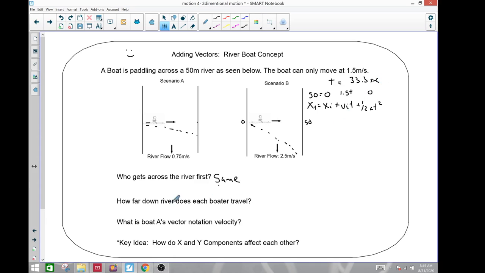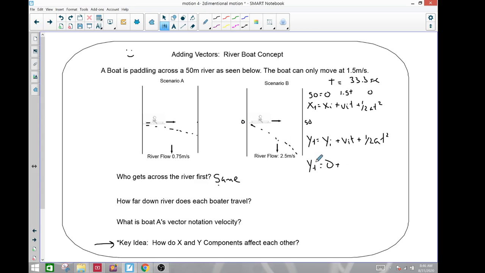All right, how far down the river do we go? Again, these two components are completely separate. So once again, I'm going to use y(t) equals y initial, or y0, plus v initial t plus 1/2 a t squared. The distance down is really what I'm looking at. I want to find y(t), with 0 as my reference point.